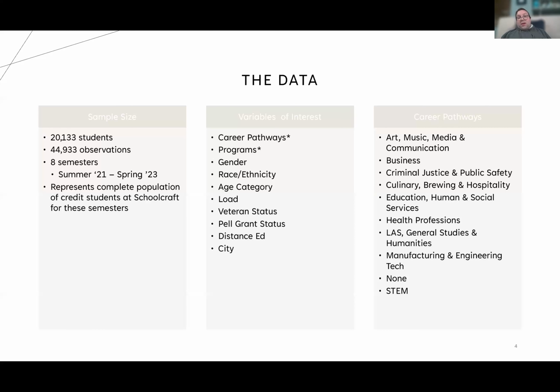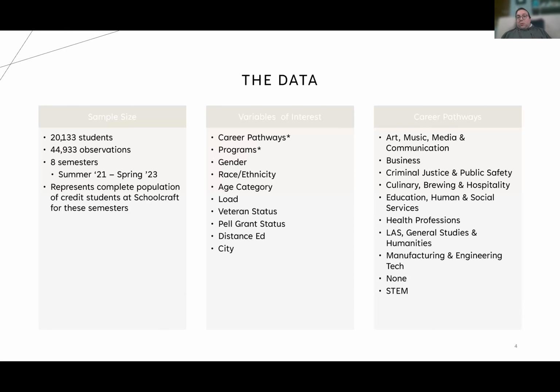The data itself is 44,933 observations of 20,133 students, and it covers 8 semesters from the summer of 2021 to the spring of 2023. It represents the complete population of credit students at Schoolcraft for those semesters. The variables of interest are career pathways, which are the bins that different degree programs get put into for organizational purposes.